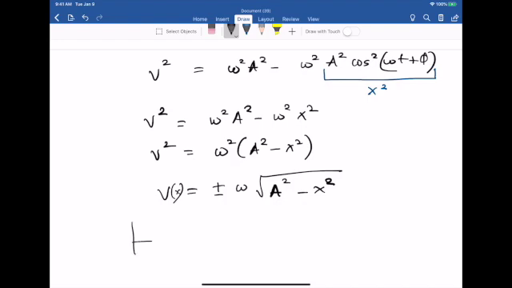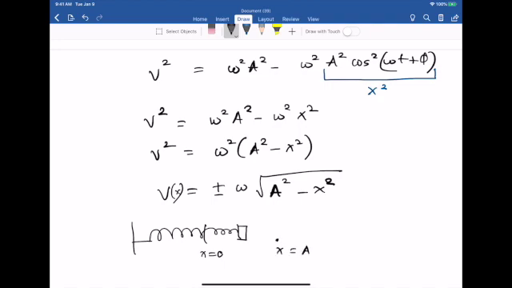So let's think back to the spring mass system again. Let's say this is x equals 0 and this mass is somewhere over here, and this is x equals a.